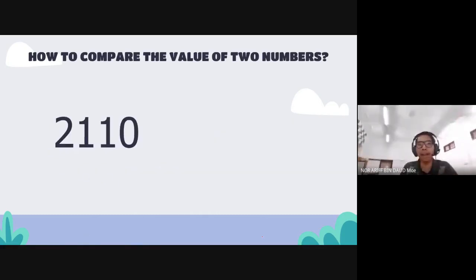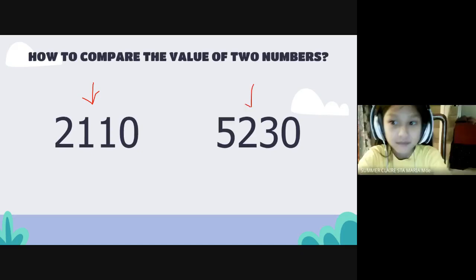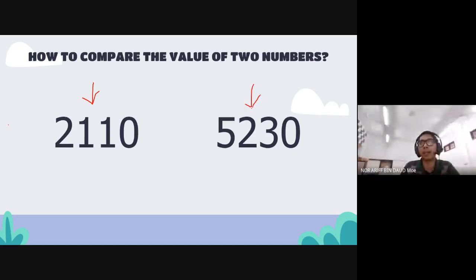I have two sets of numbers. Okay, 2,110 and 5,230. Eunice, I'm asking you, what is the first thing we must do? Eunice, where are you?